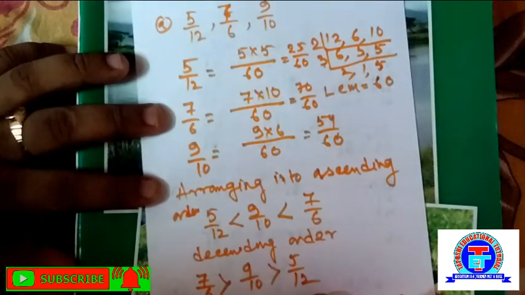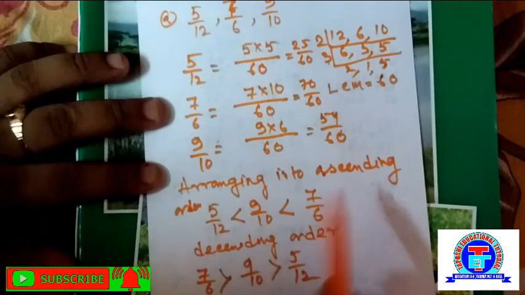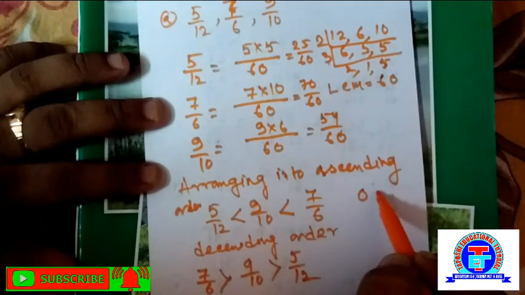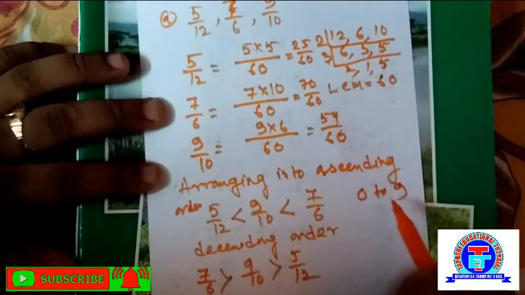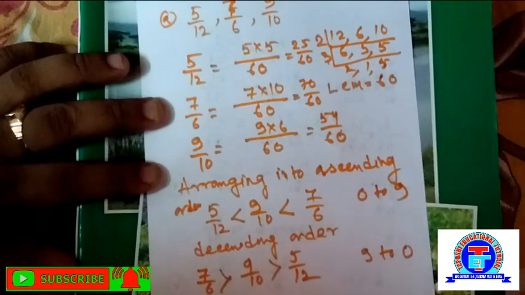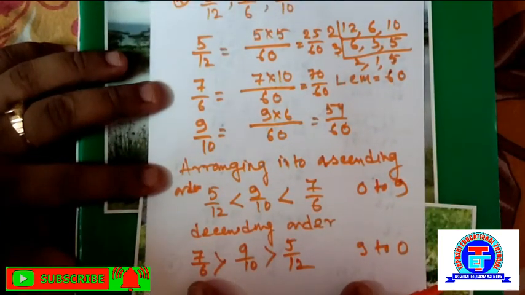Again we should remember, ascending means smallest to biggest, that means 0 towards 9, and this one 9 to 0. Descending means bigger to smaller. I hope you clearly understand this problem, right?